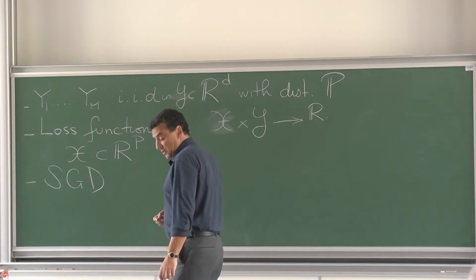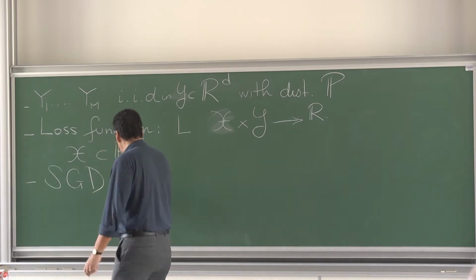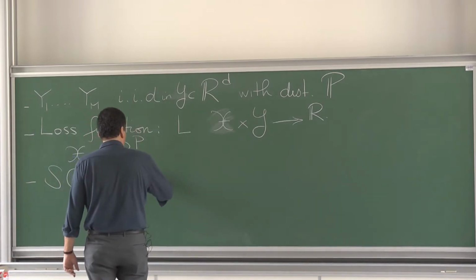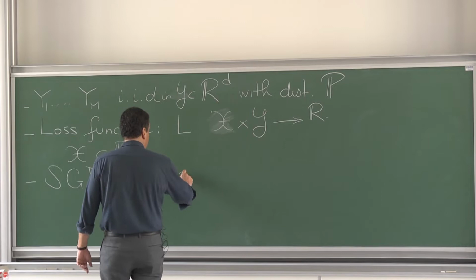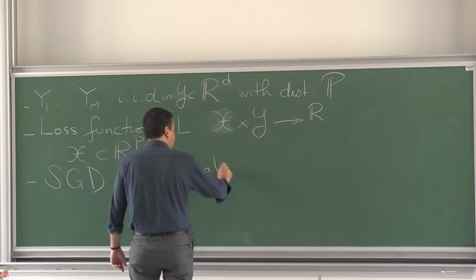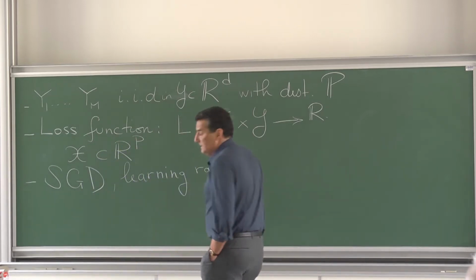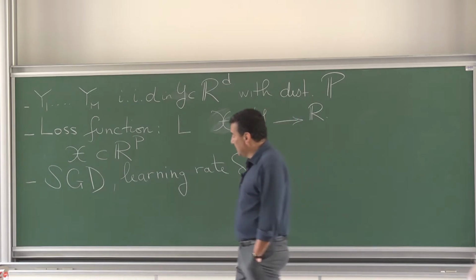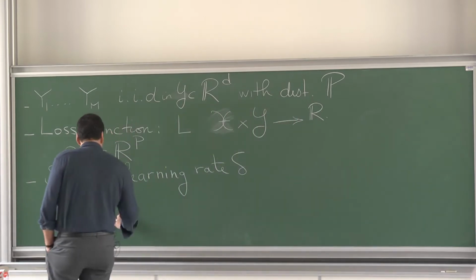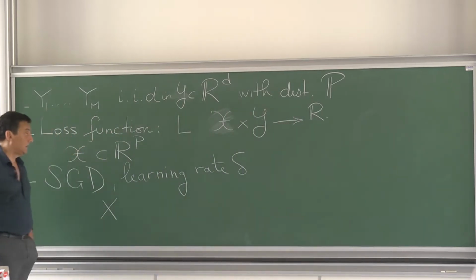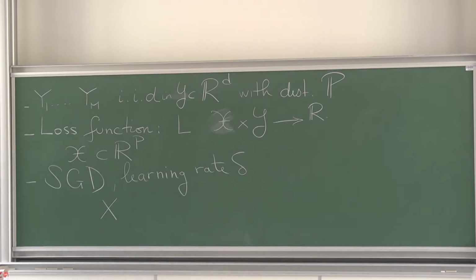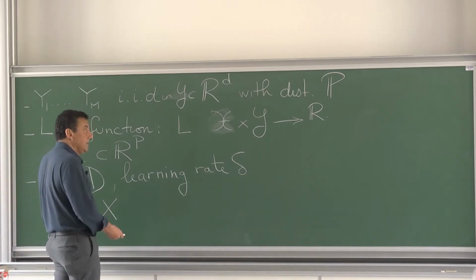So the online version is, we have to give a number, which will be the step size or the learning rate that we'll call delta. Of course, stochastic gradient descent is the simplest of all algorithms to try to find minima.